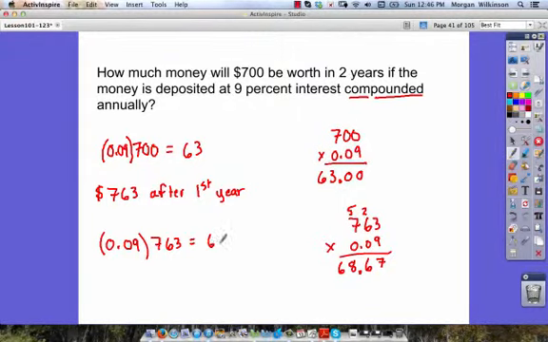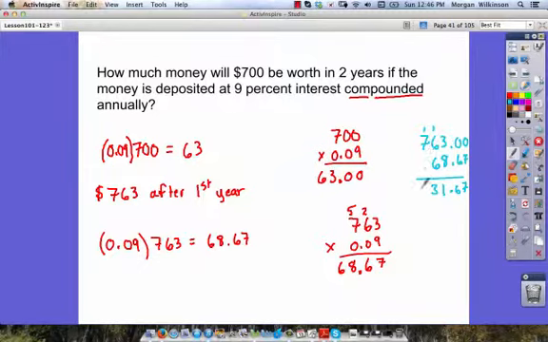We've got $68.67. So to find out how much we have after the second year, we need to add. We're going to take 763, the amount we started with at the beginning of our second year, and add 68.67 to that. So you can see we've got 67 cents. 3 plus 8 is 11, and we'll carry our 1. 6 plus 6 is 12, plus 1 more is 13.